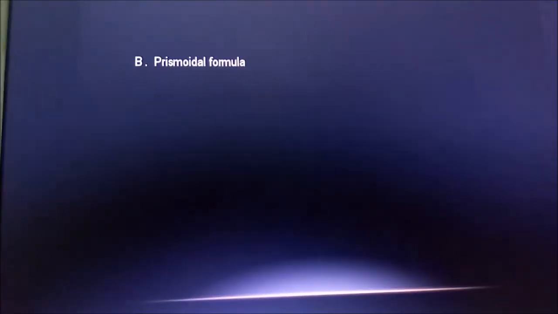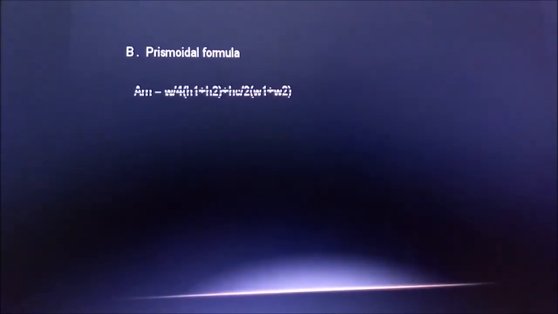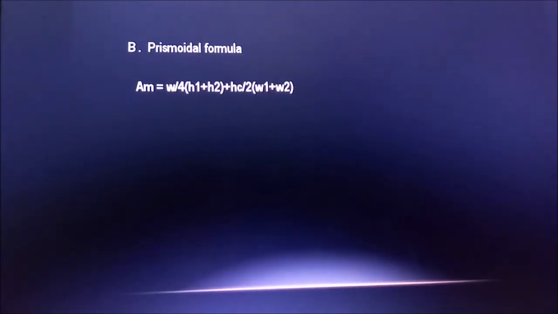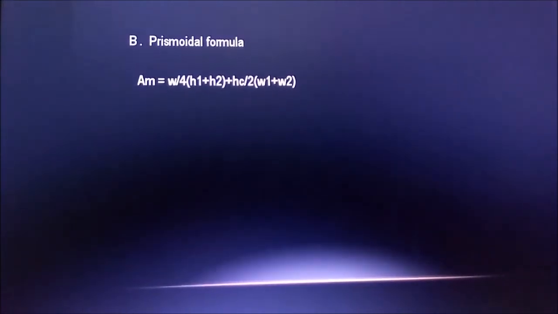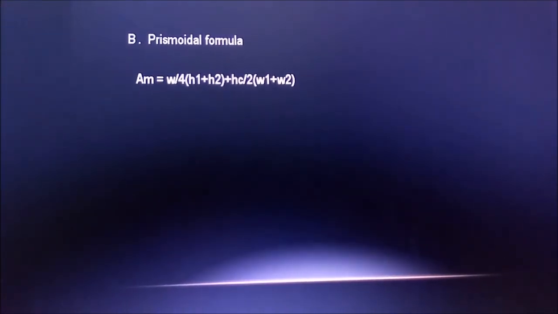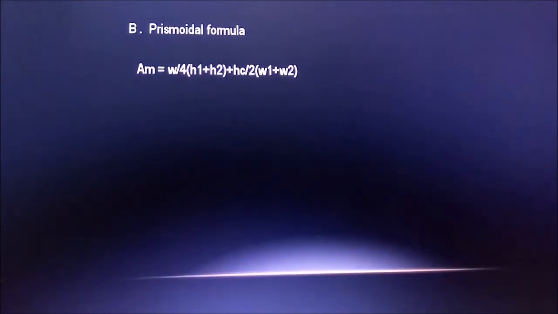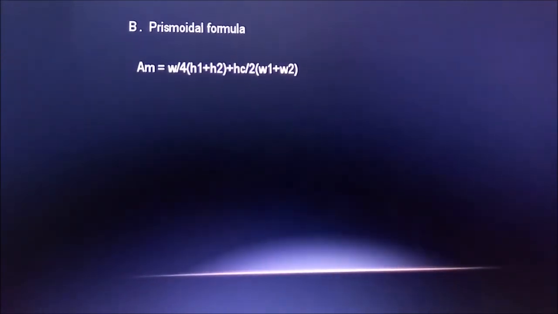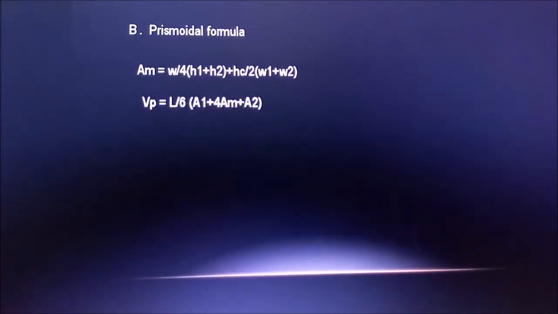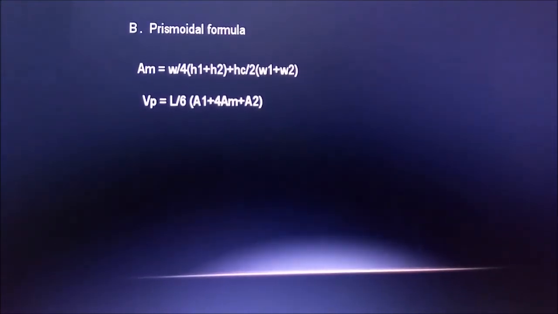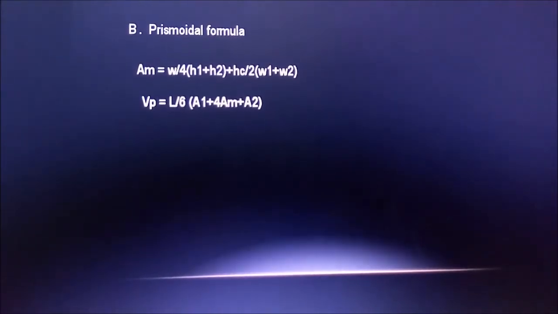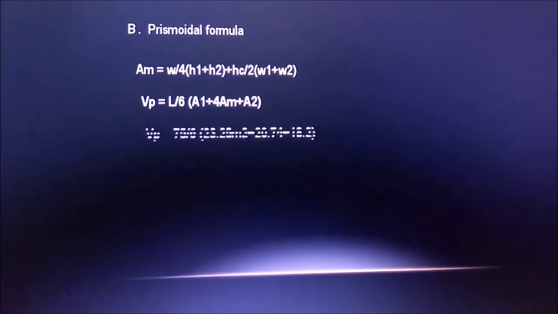Next is the prismoidal formula. The formula of area middle is equal to W over 4 times H1 plus H2 plus HC over 2 times W1 plus W2. The volume of prismoidal is equal to length over 6 times area 1 plus 4 times area middle plus area 2.